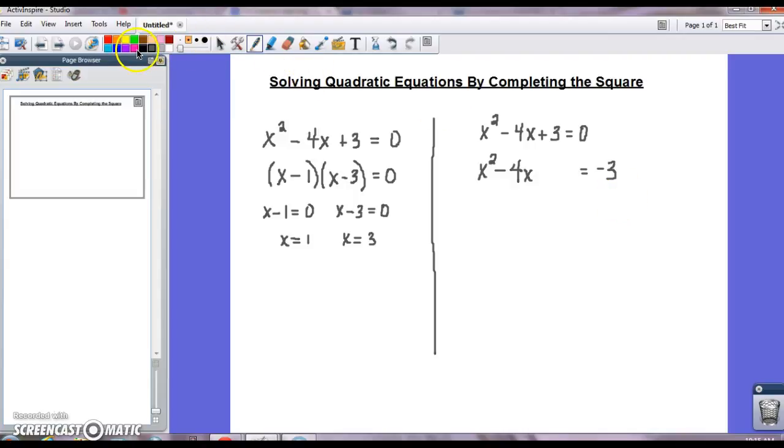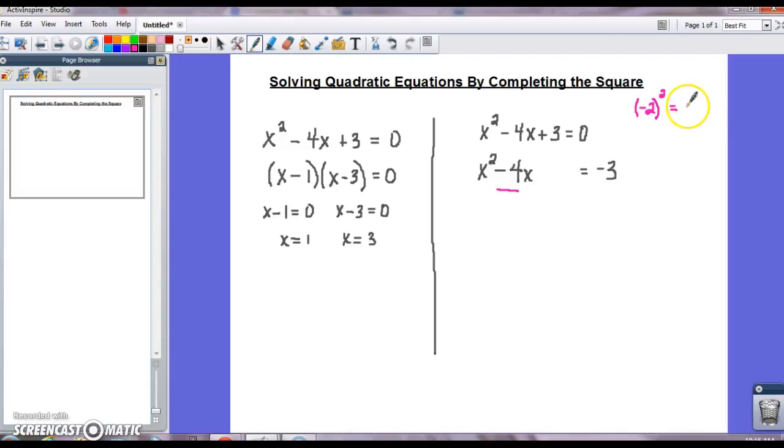Now, here is the hardest part of the whole thing, and it's not that hard. Look at that middle term. Okay, you are going to take half of that value. So half of -4 is -2. I'm going to write that up here. So half of -4 is -2. And then I'm going to square that.